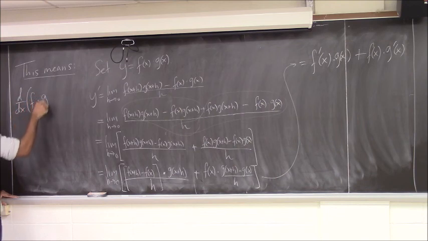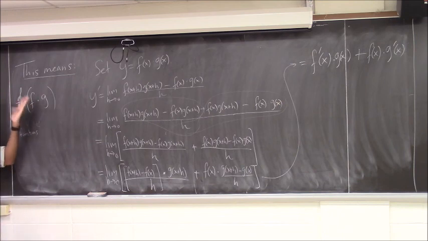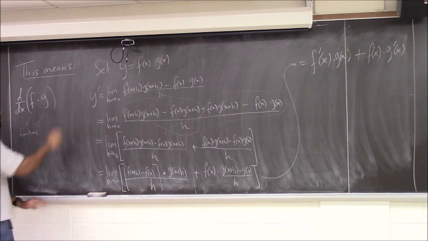The derivative of f times g, where these guys are functions. Technically you should be writing f of x and g of x, but I'm getting too lazy.